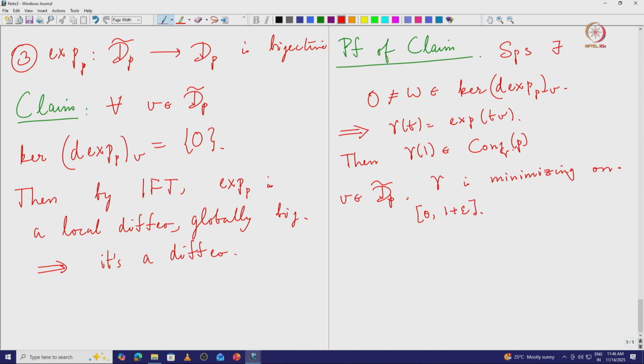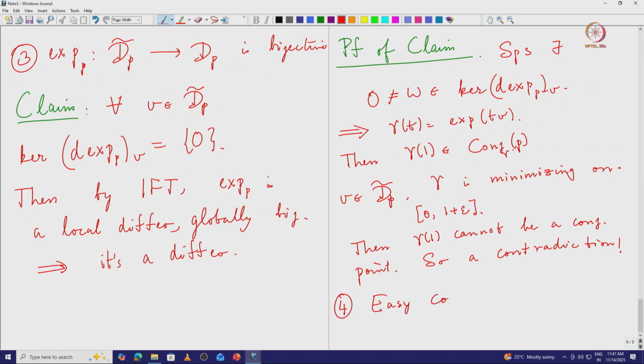But then gamma of 1 cannot be a conjugate point by our index theorem. So this is a contradiction. Okay, so this proves the claim. And the fourth part is an easy consequence of 2, right.